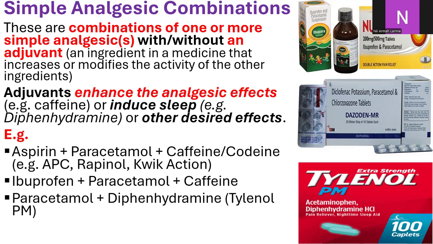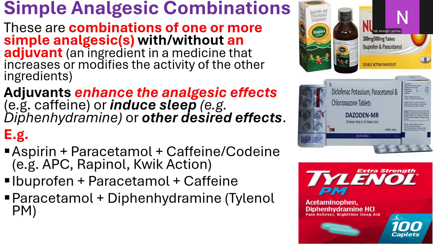These are available sometimes with or without an adjuvant. An adjuvant in this instance means an agent that is going to increase or enhance the analgesic effect that our painkillers are to give. And various agents have been used.